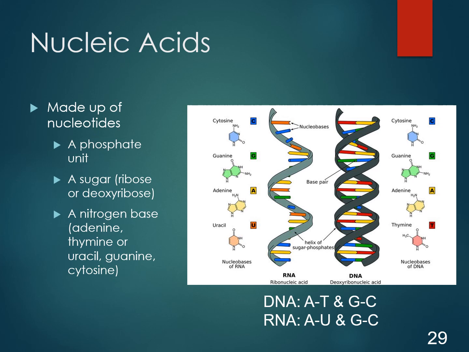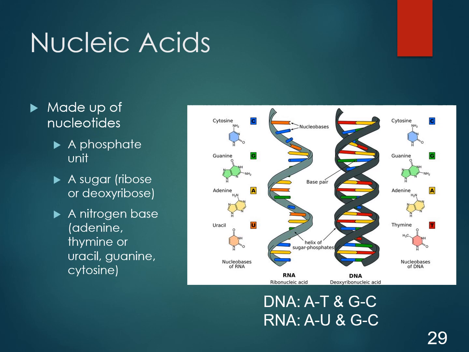Now, specific bases pair with a specific partner. In DNA, adenine pairs with thymine, and guanine pairs with cytosine. You'll see that the guanine and cytosine complementary base pairing is the same for RNA. However, there is one difference with the adenine.